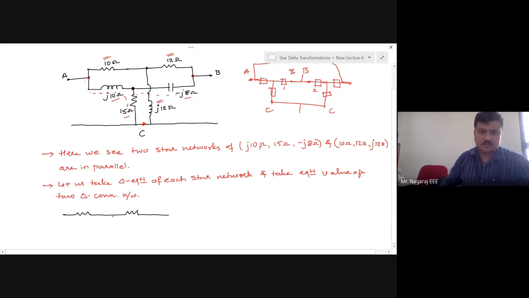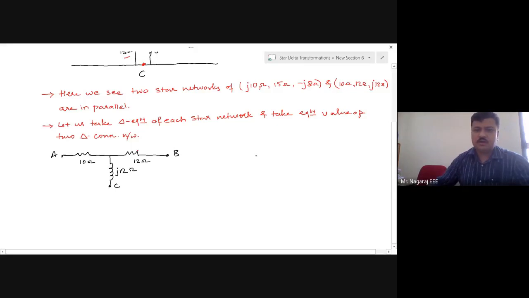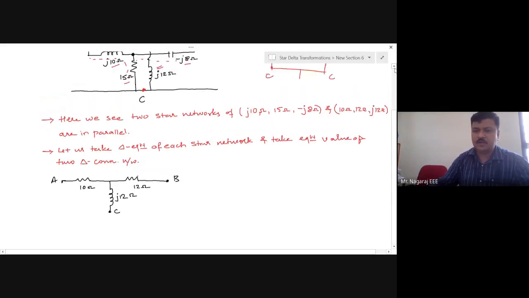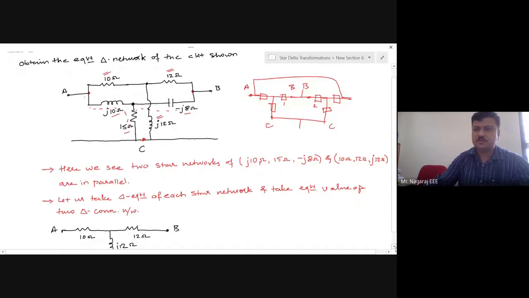So this terminal is A, this terminal is B, and this terminal is C. So this is J12 ohms, this is 10 ohms, and this is 12 ohms. And I will take another star connected network separately.